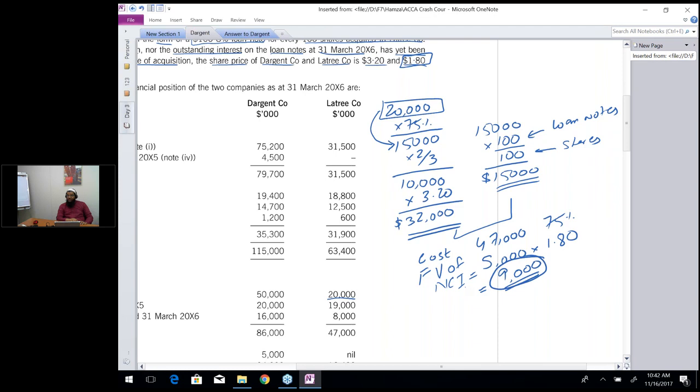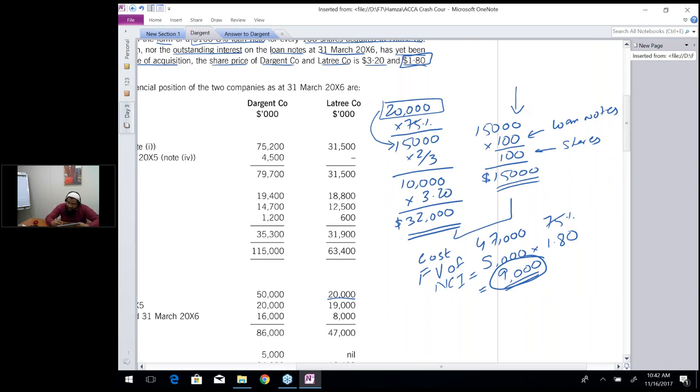Okay, Simran wants to understand the loan notes again. Simran, the question had said that we have issued a $100 loan note for every 100 shares. So we have acquired 15,000 shares, into $100 loan note divided by every 100 shares.